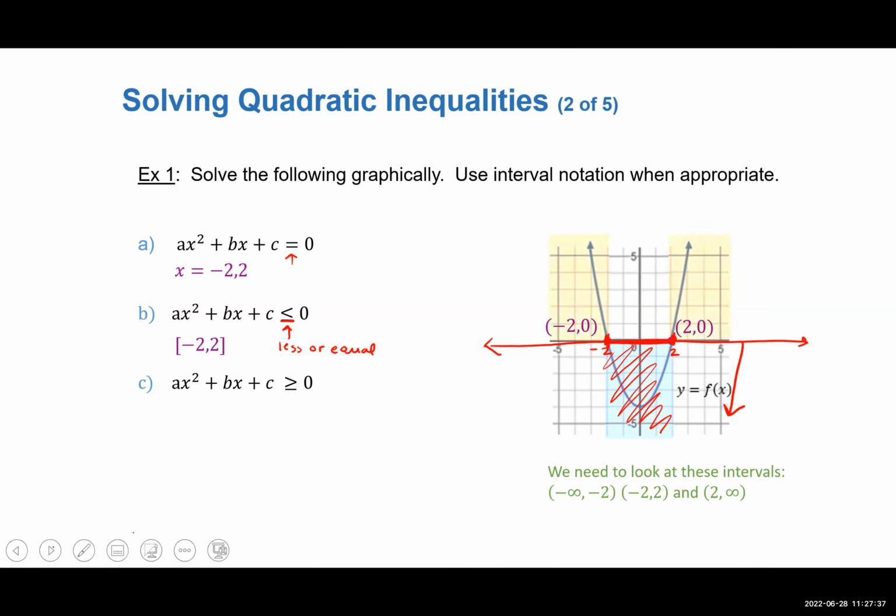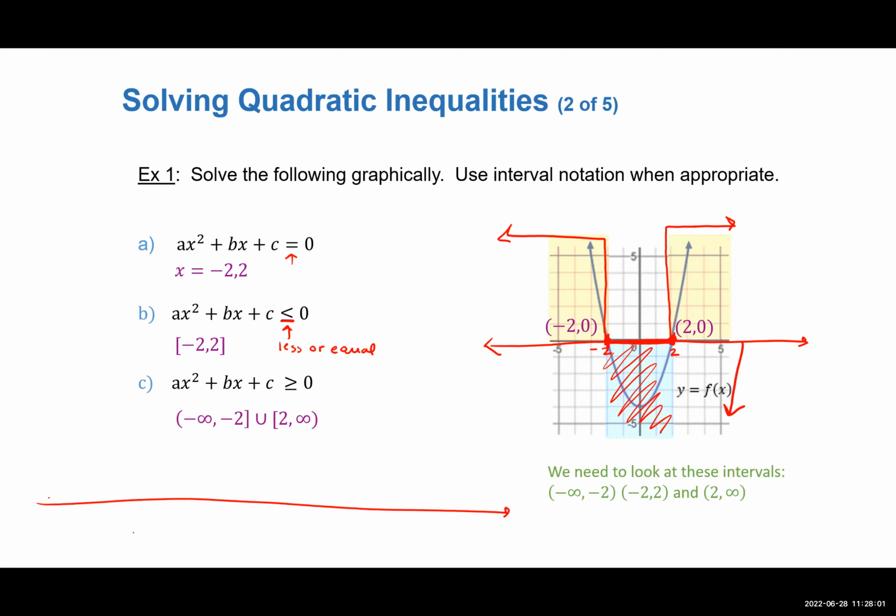Well, it's going to be above on the opposite sides. So from -2 backwards and from +2 forwards. So we're going to be able to write that in interval notation: -infinity to -2 union +2 to infinity. So when we look at this x-axis as the domain, we have some things happening at -2 and +2.